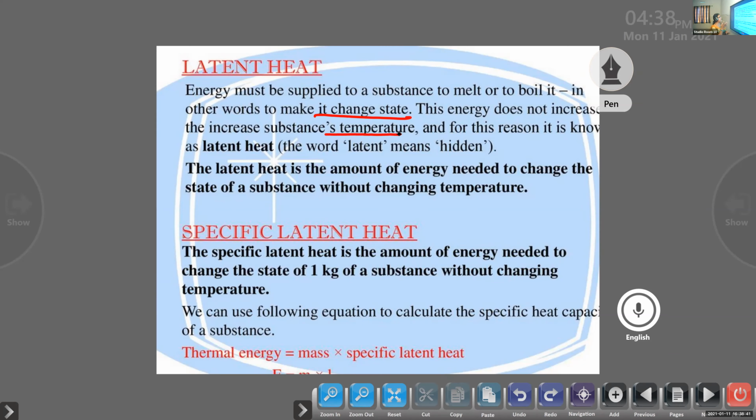So that is the idea of latent heat. It is the amount of heat energy needed to change the state of a substance without changing the temperature.